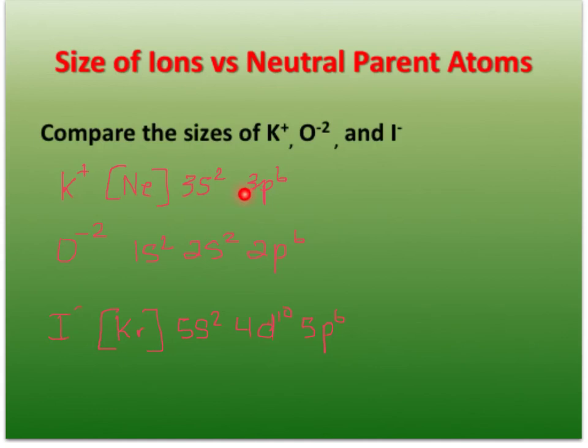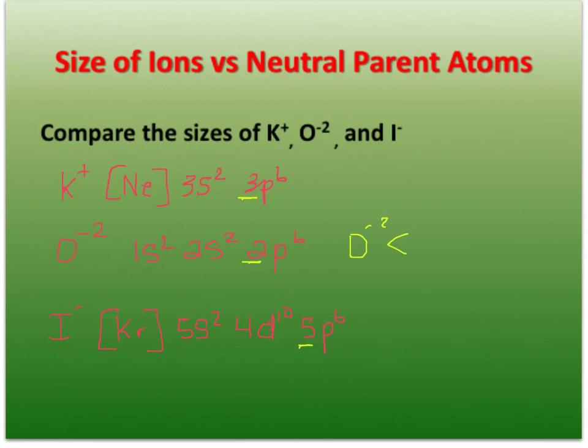So how are we going to compare these? We have to look at their energy levels. Because before we talked about as we added energy levels, what happened to the size of the atom, or the size of the ion? Yes, you're correct. It increases. So we look at the energy levels. The one with the smallest number of energy levels will be the smallest.